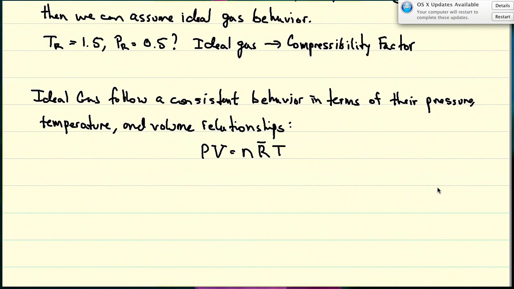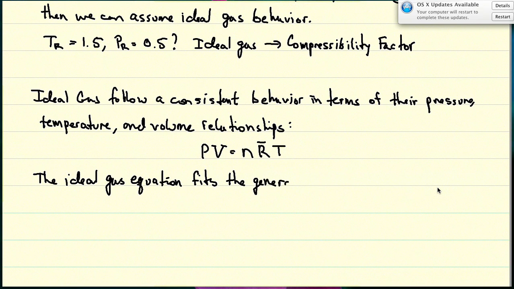The ideal gas equation fits the general description of what we call an equation of state.